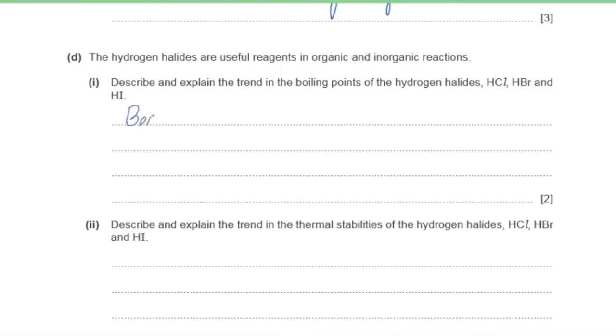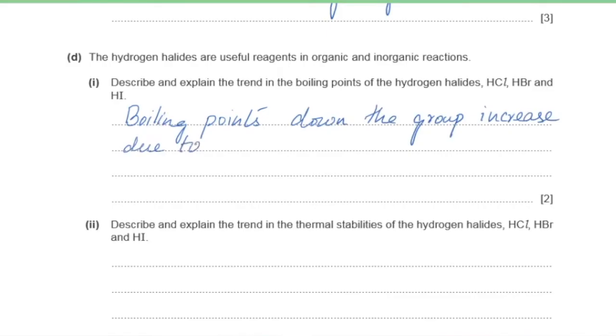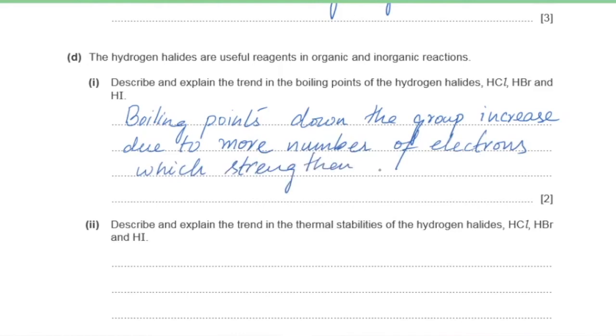So the boiling points down the group increase due to more number of electrons, which strengthen their van der Waals forces, which is the intermolecular forces between HCl, HBr, and HI.